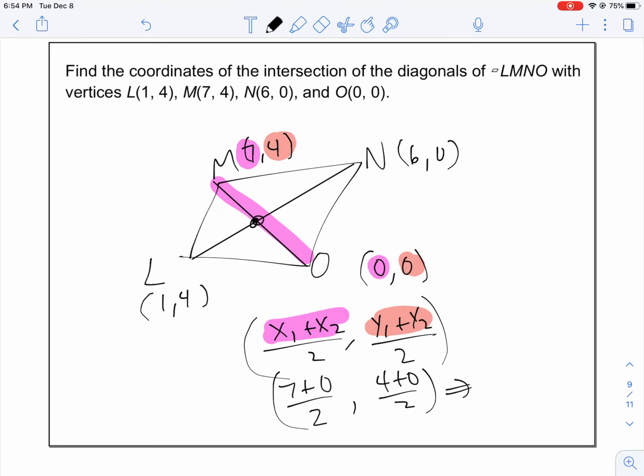All right. So simplify. 7 plus 0 is 7 over 2. 4 plus 0 is 4 over 2. And that ends up being 3.5, comma 2.